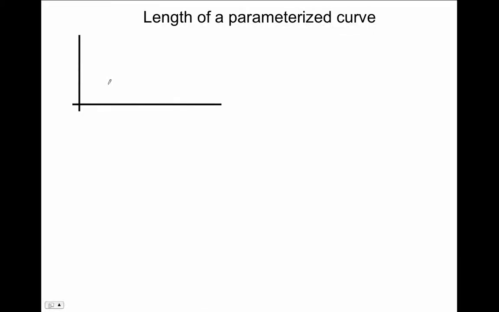I'm now going to derive a formula for the length of a parameterized curve. So let's say that we start from this point over here, and we walk along a path that goes up and down, maybe goes back upon itself, and ends up over here. If we look at a small portion of the path, so here is one point, here's another point that's close to it.